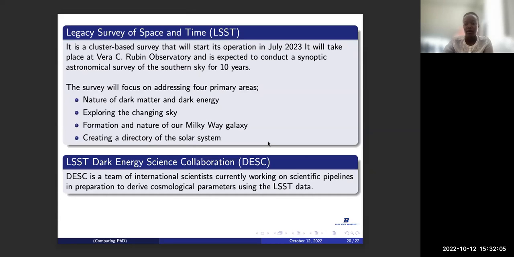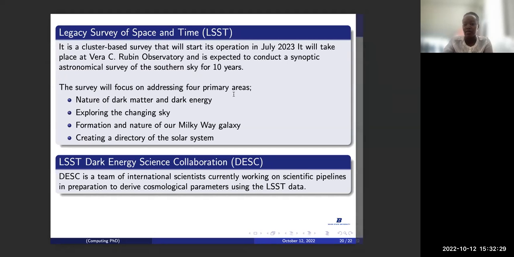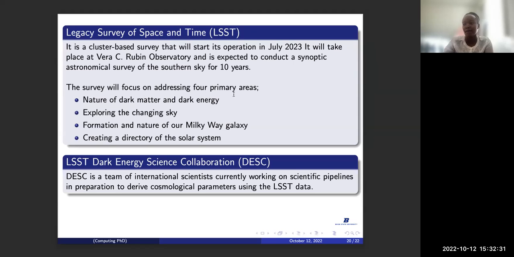So in future, we're expecting LSST observatory data. The survey that is going to collect that data is expected to start in July 2023, and it's going to run for 10 years. That survey is going to be deeper, and we're expecting it to be affected by the projection effect because of that depth.